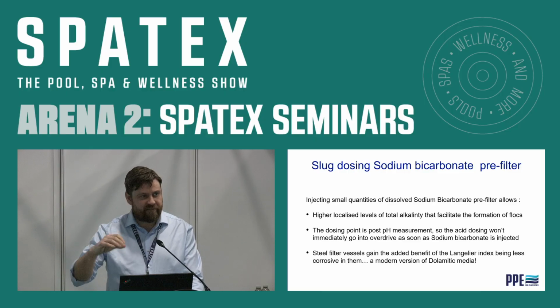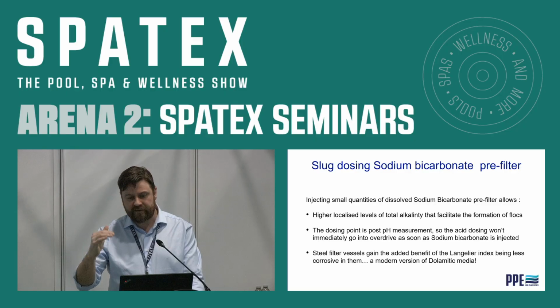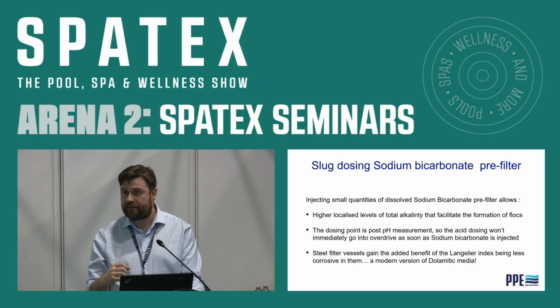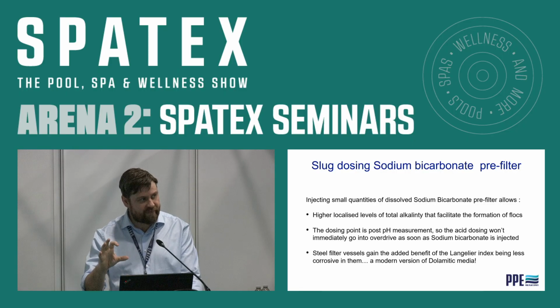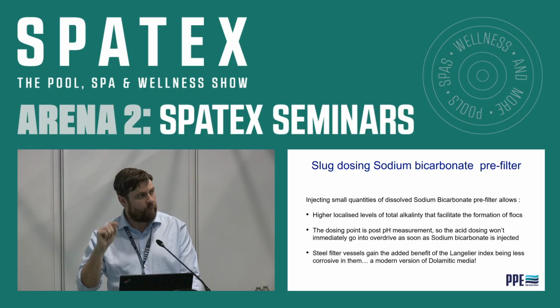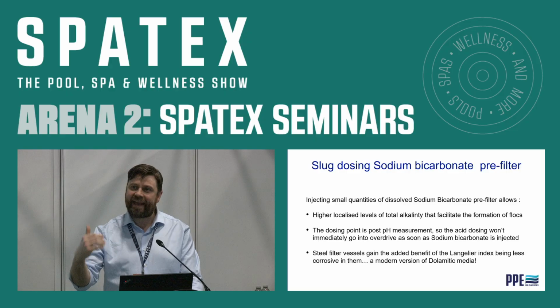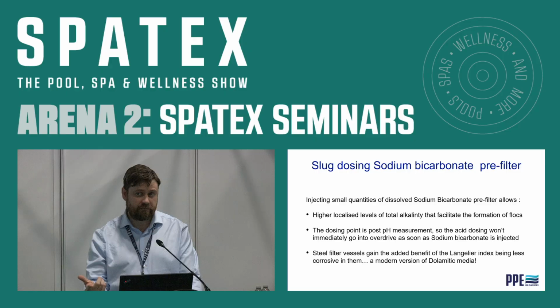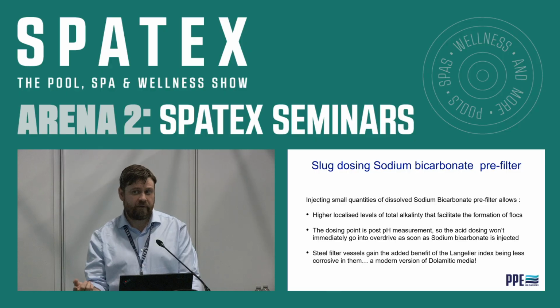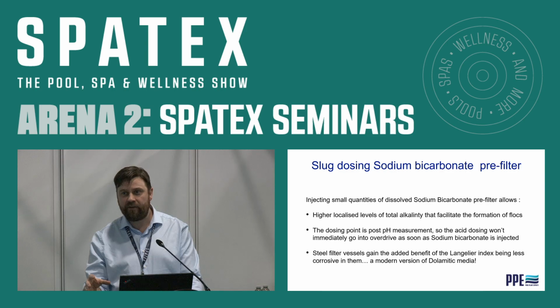This reminds me of, if we've got any old school people here, where we were using something like dolomitic media. So back in the day when chlorine gas was quite prevalent, when chlorine gas is added to water, we get hydrochloric acid as a byproduct. Hydrochloric acid, concentrated inside steel filters, is a recipe for needing new filters.